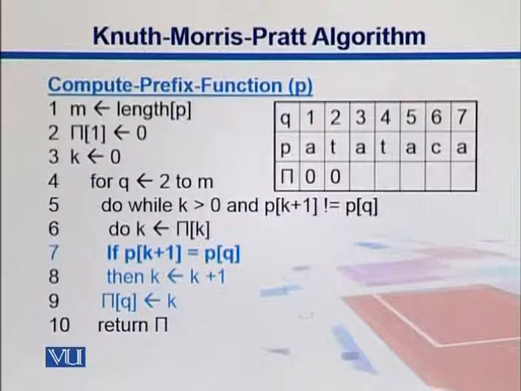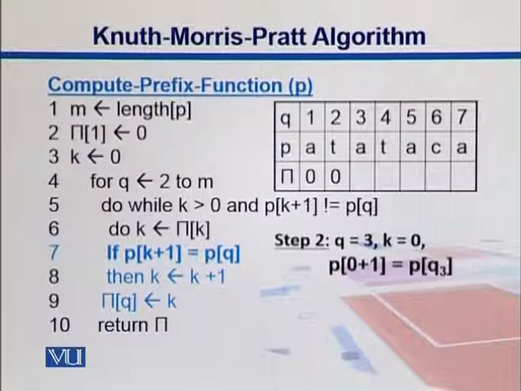Then we move to the second step. Since k is equal to 0, we won't go there, and we move to steps 5 and 6. Now we look into p of k plus 1. In the previous step k was 0, so we have 0 plus 1, which is p of 1, and q is incremented in this for loop, so now q is equal to 3.